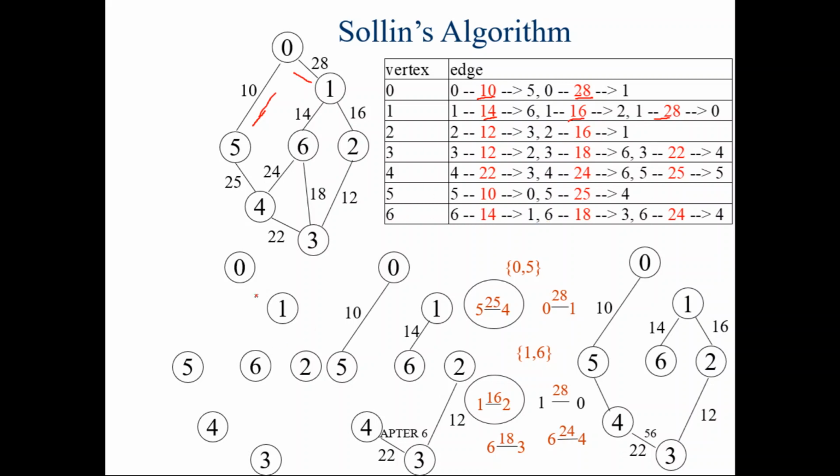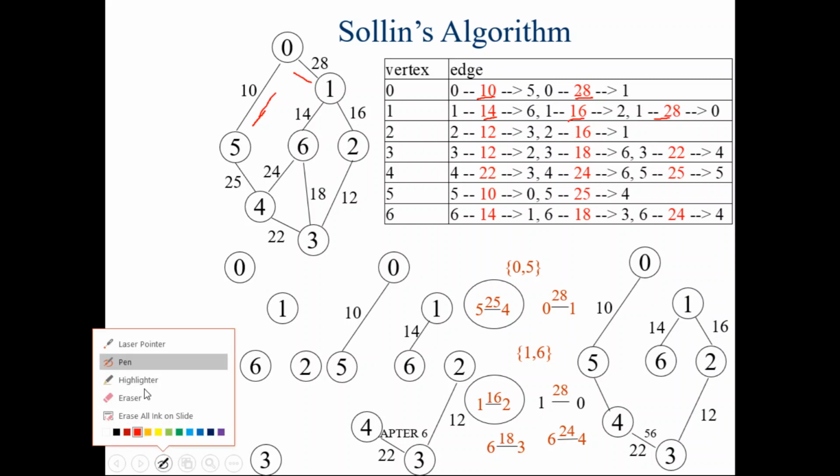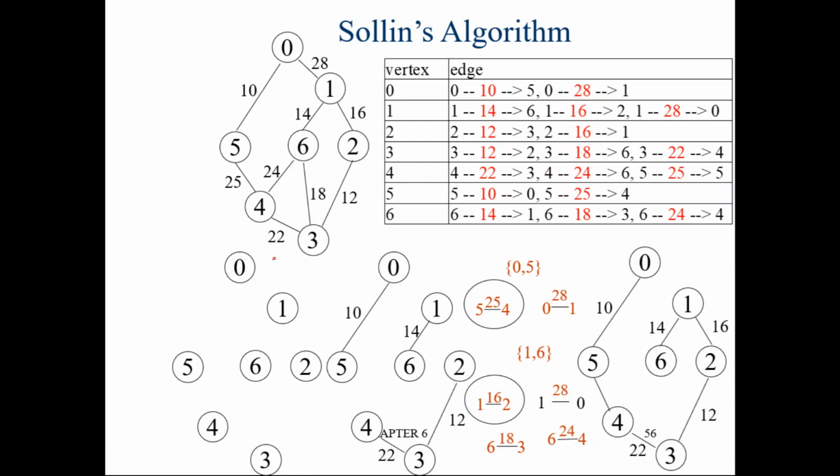Initially we have these 7 components. Now we have to take every vertex and, for each vertex, identify the minimum edge connected with it. For vertex 0 there are two edges, 0 to 5 and 0 to 1.